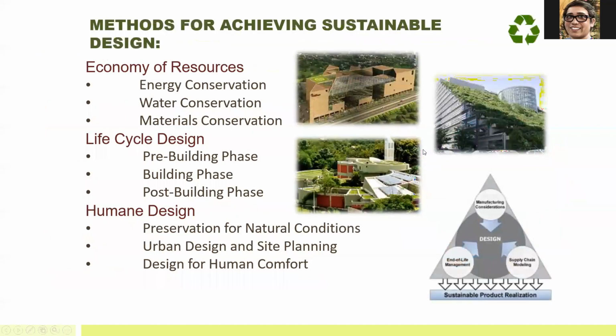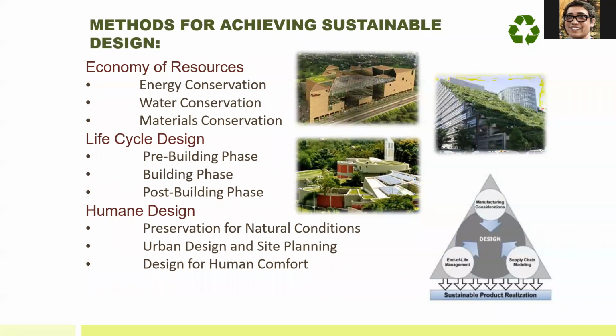So what are the methods for achieving sustainable design? So we can have economy of resources, energy conservation, water conservation, materials conservation. We can also go to life cycle design in pre-building phase, building phase, post-building phase. We can also go to humane design, preservation of the natural condition, urban design and site planning, design for human comfort.